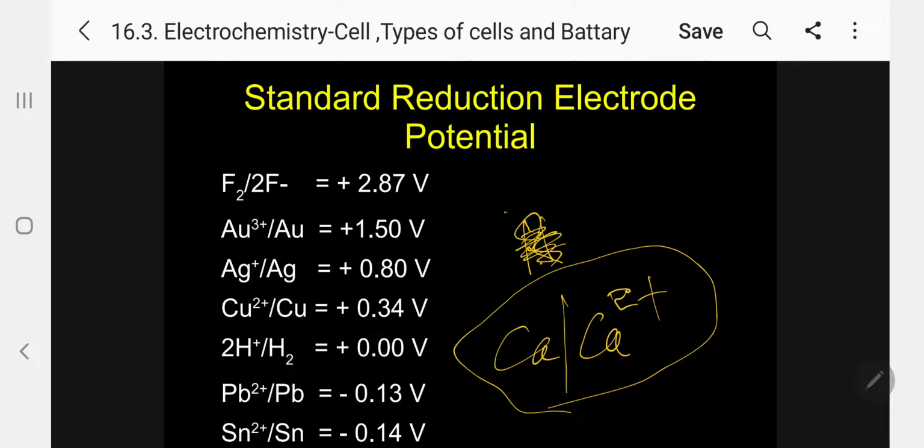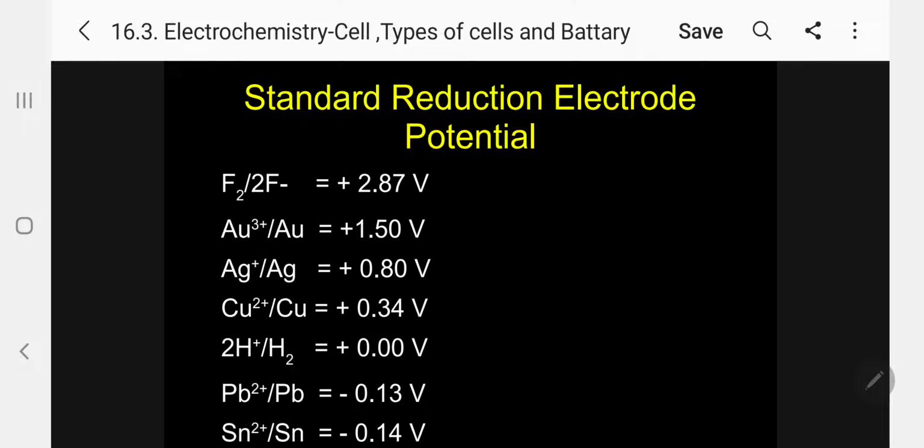When you move across the period, the metals coming are S block elements, then go to D block and P block elements. They are less positive, so that electrode should be on the right-hand side. This is the way you have to memorize, my dear students. So this is an easy way you can write it.